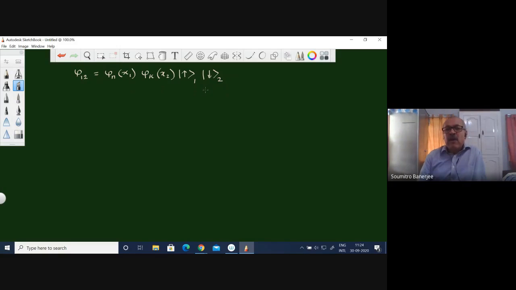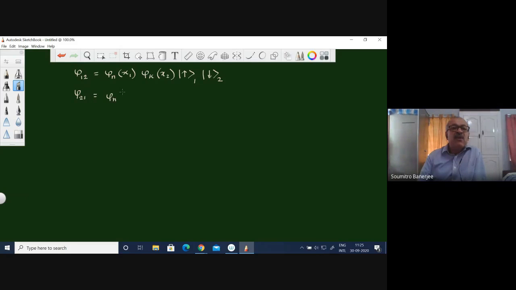Now, what this indistinguishability demands is that if we swap these two positions, if we swap 1 and 2, it will give the same result. So, if we swap, then you get this.